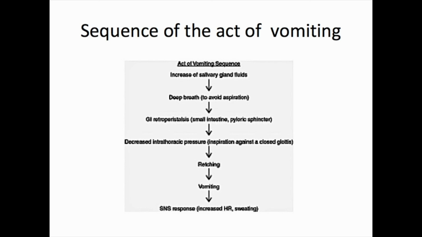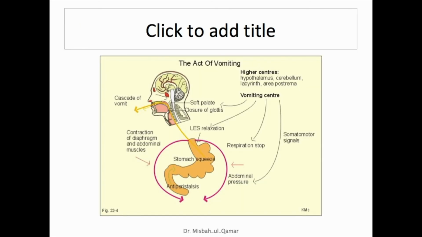Next, upper esophageal sphincter is relaxed, along with the closure of glottis, while the soft palate is lifted to close the posterior nares. Simultaneously, you experience contraction of abdominal muscles and lowering of diaphragm. And on relaxation of lower esophageal sphincter, the gastrointestinal contents they are ejected through esophagus.